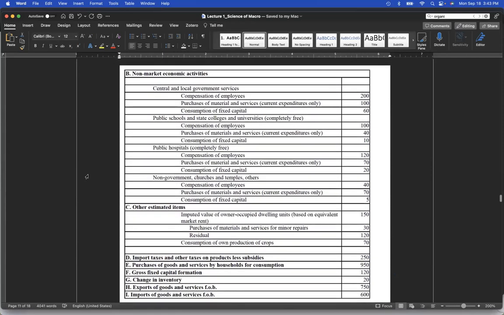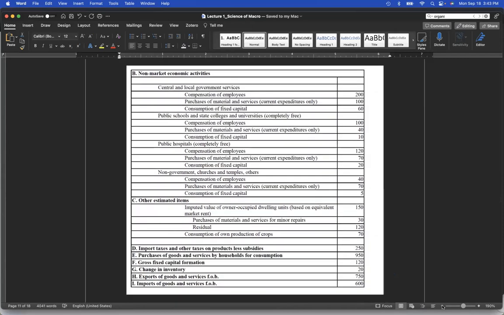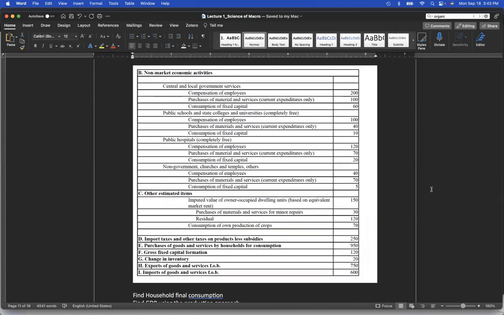This one will help you. Let me just make it smaller. This is like a processed supply and use table already and commodity flow table. Because these tables show you, for example, the compensation of employees already, purchases of materials, consumption of capital, the imputed value of owner-occupied dwellings.